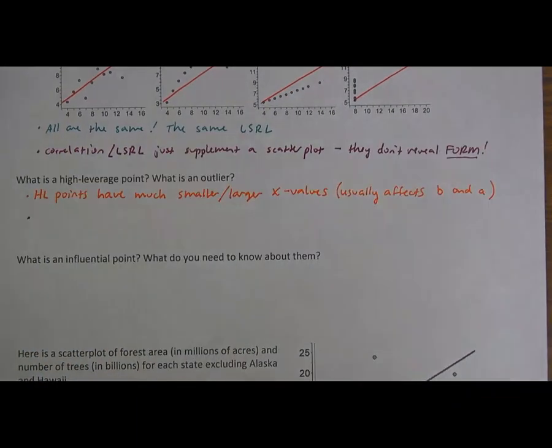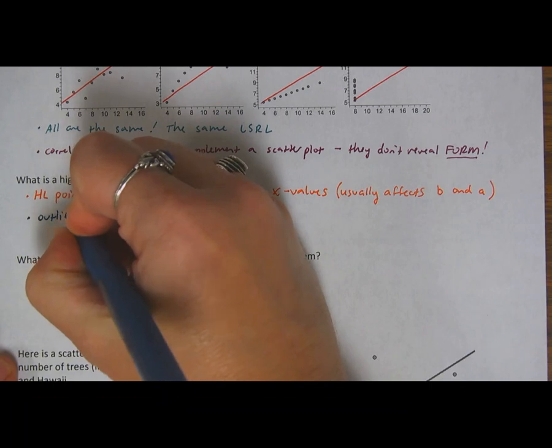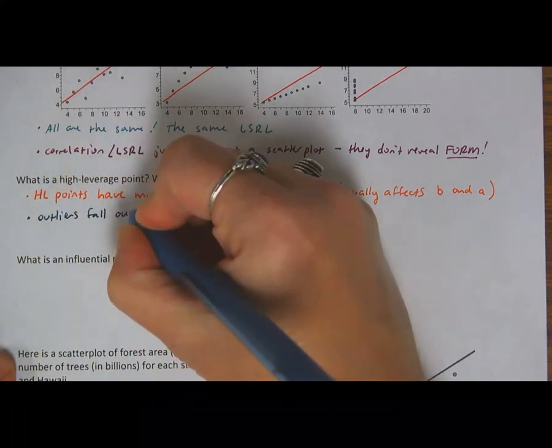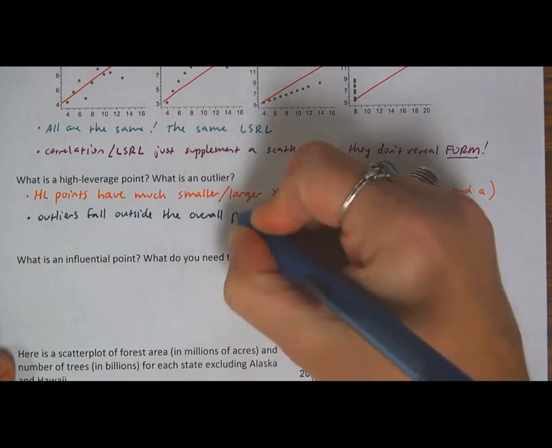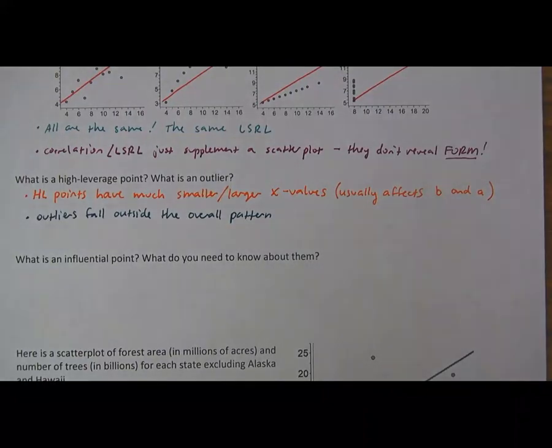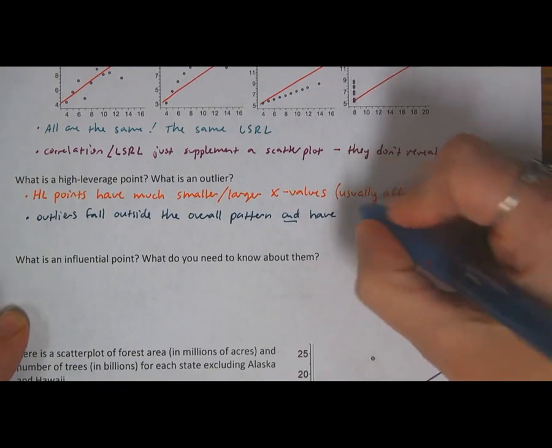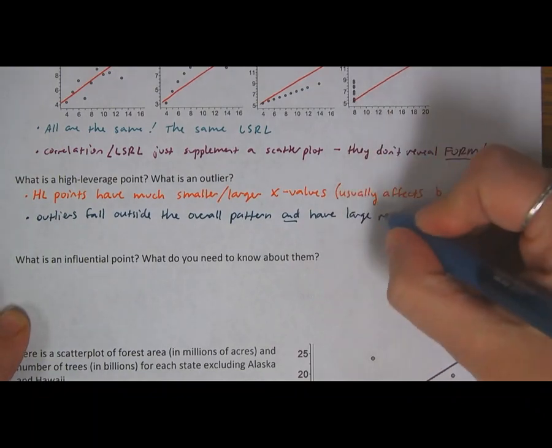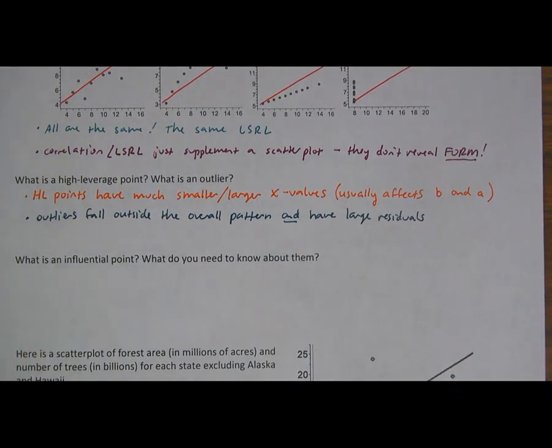Whereas outliers are points that fall outside the pattern of data. Outliers fall outside the overall pattern and have large residuals. Remember, residuals could be positive or negative, but they're far away.